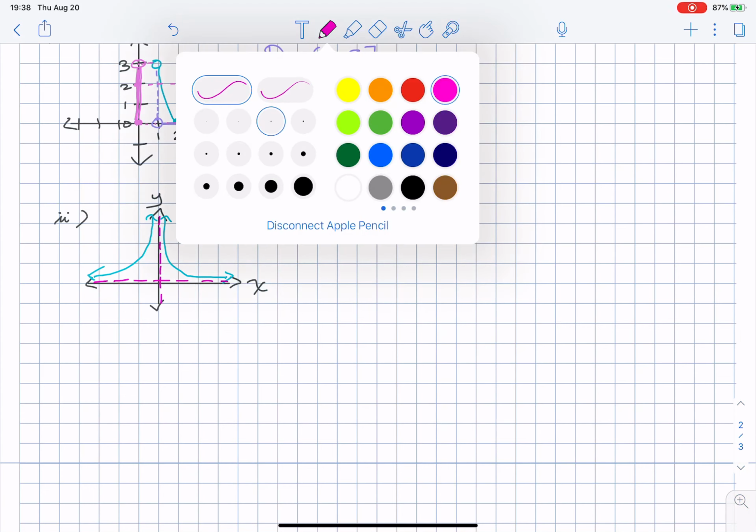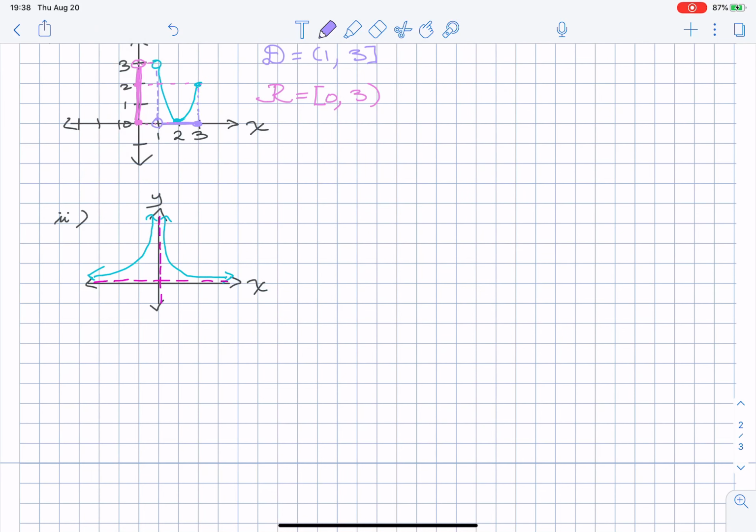If I look at the shadow cast onto the x-axis, thou shalt not cross a vertical asymptote. So it looks like the shadow cast onto the x is everything except 0. I would say that the domain will be from negative infinity to 0, non-inclusive. Then I start again, so union.